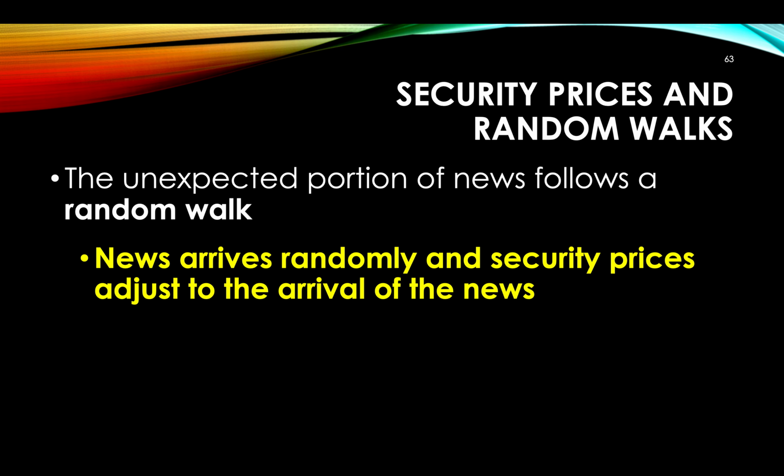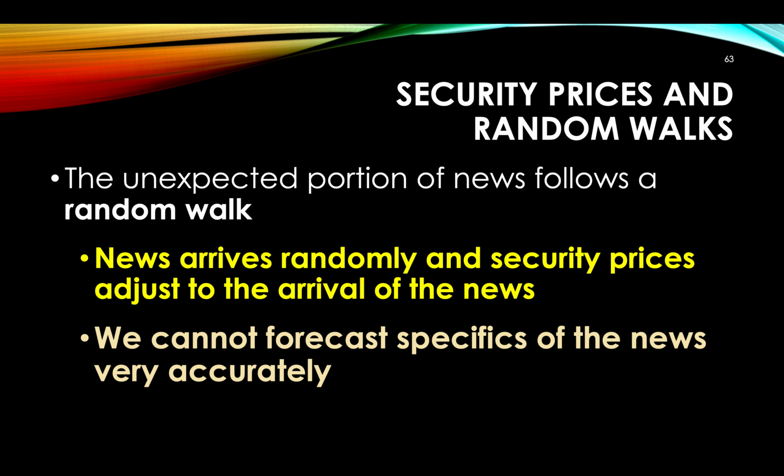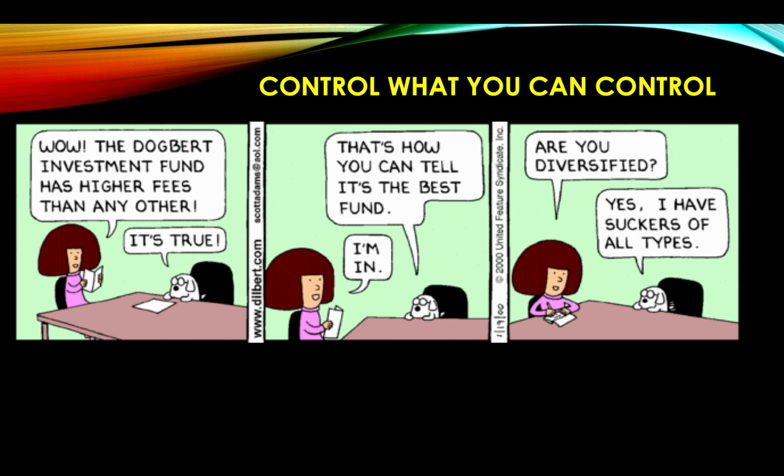All right, and security prices adjust to the arrival of that news. So basically, a random walk says news is random, and therefore the price adjustments are fairly random, and we really can't forecast the specifics of what's going to happen in the news very well. What we can do is control what we can control.